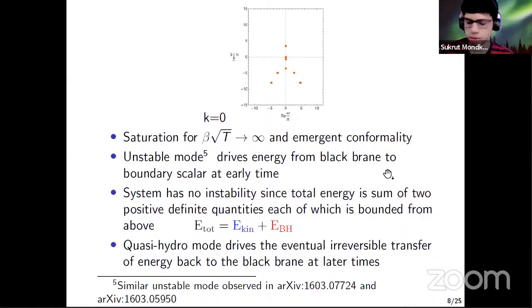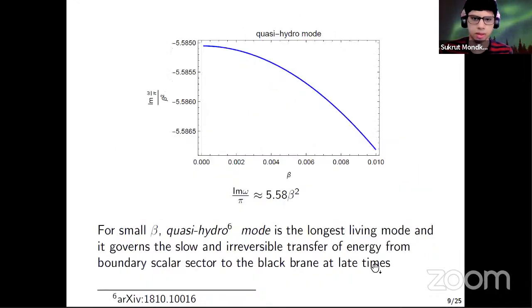Now, as I will show with the results of nonlinear simulation, this unstable mode drives the initial transfer of energy from the black brane to the boundary sector, whereas this quasi-hydro mode, which is the lifted zero mode, drives all the energy in the system to the black brane at asymptotically late times. This quasi-hydro mode is parametrically close to the origin for small values of the coupling beta, and therefore this late time transfer to the black brane is very slow.